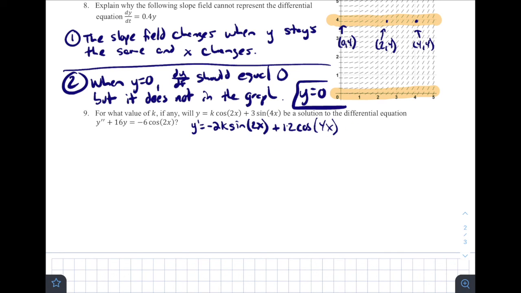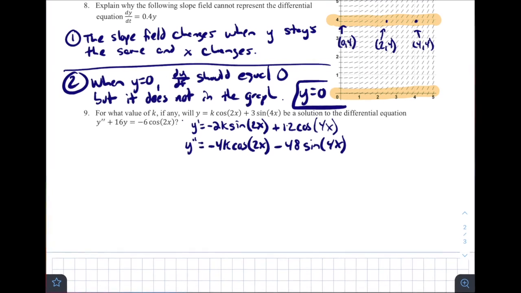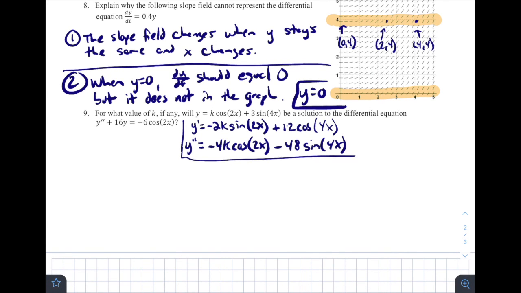And then if we take this second derivative, y double prime is going to equal what looks like negative 4k cosine of 2x minus 48 sine of 4x. So for each of these, I'm essentially multiplying by 2 here to get this on the outside. Here I'm multiplying by 4 to get that 48. But this is my first and my second derivative for this equation for y.